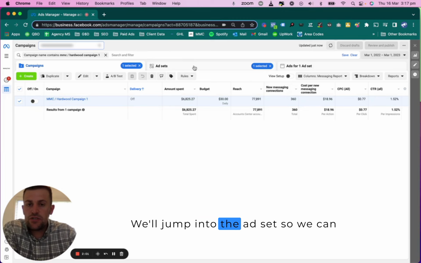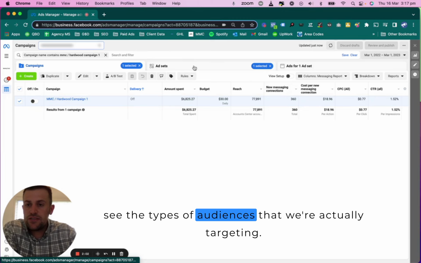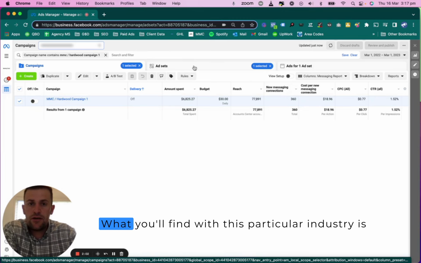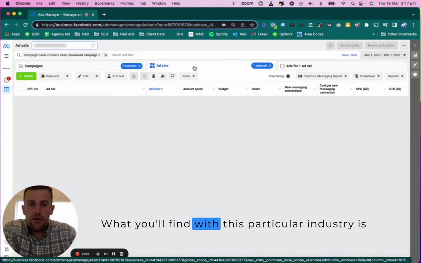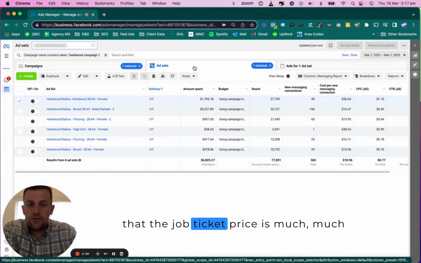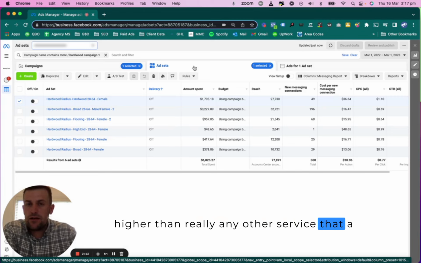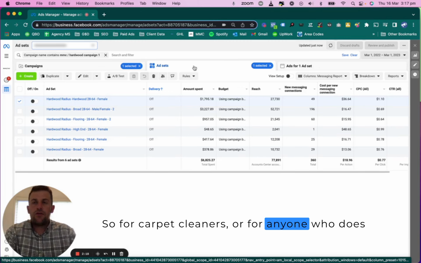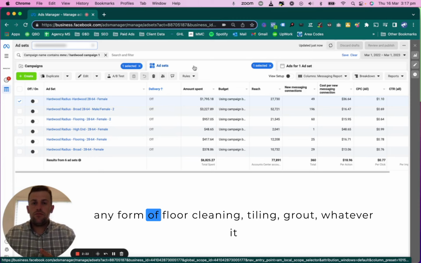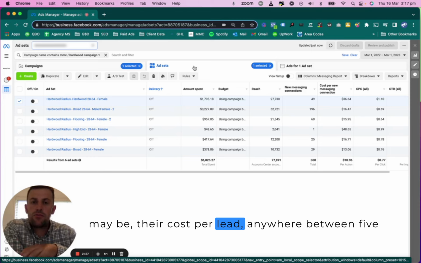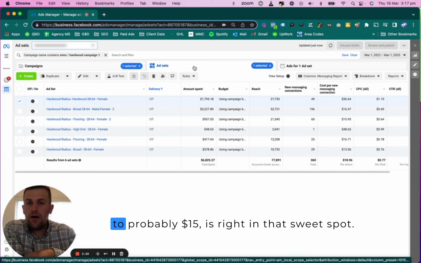We'll jump into the ad set so we can see the types of audiences that we're actually targeting. What you'll find with this particular industry is that the job ticket price is much, much higher than really any other service that a carpet cleaning business might offer. So for carpet cleaners, or for anyone who does any form of floor cleaning, tile and grout, whatever it may be, their cost per lead, anywhere between $5 to probably $15, is right in that sweet spot.